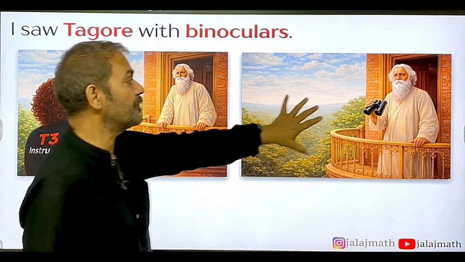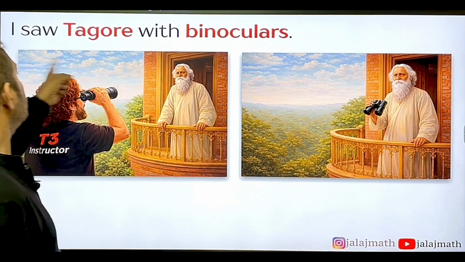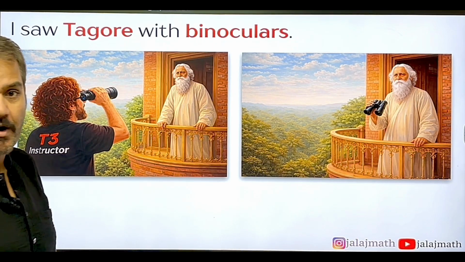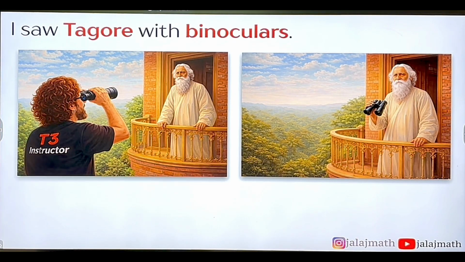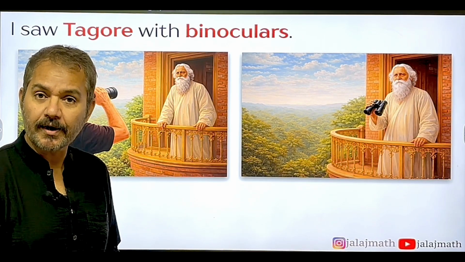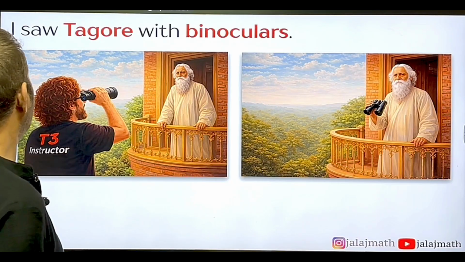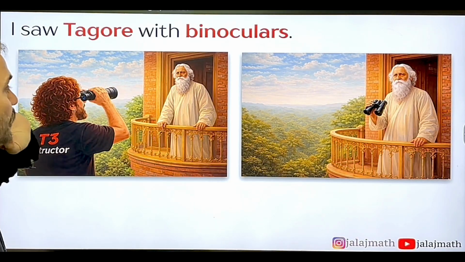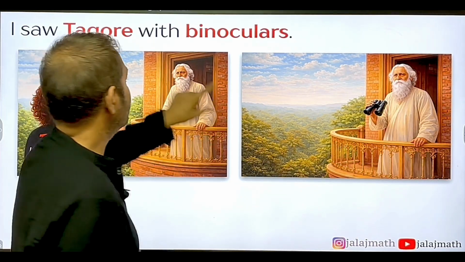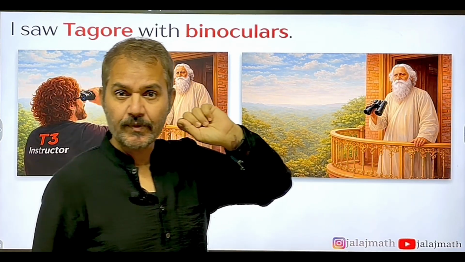Surprisingly, another student described the other picture as "I saw Tagore with binoculars." After closely looking at this statement, I realized yes, they both are correct. So for both these pictures, if you have the same description, it means there is something special about this statement.